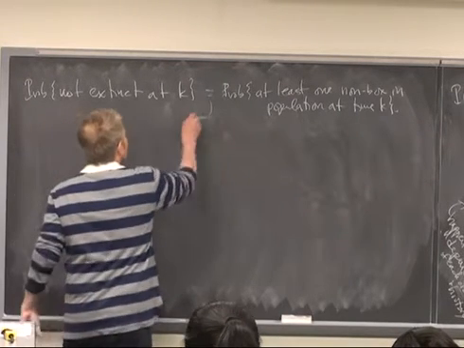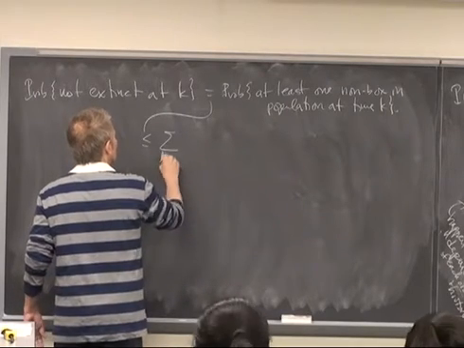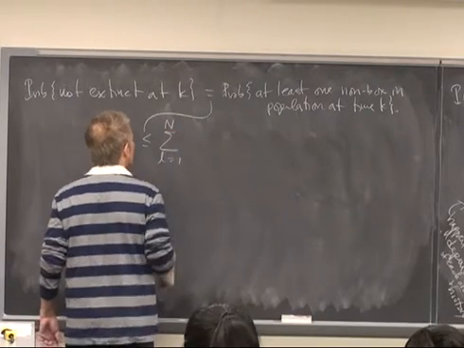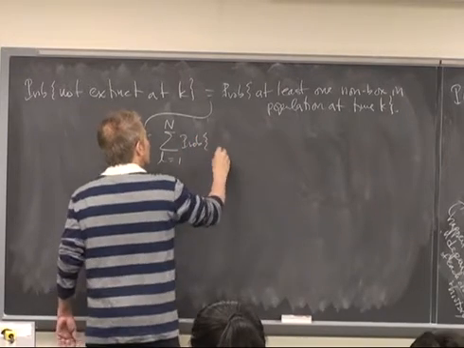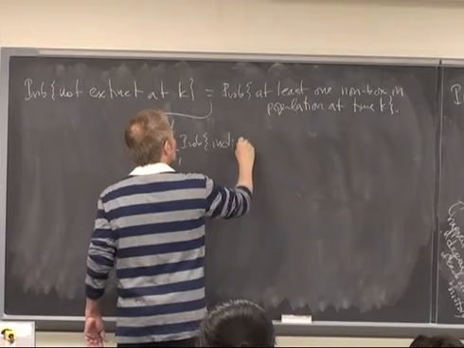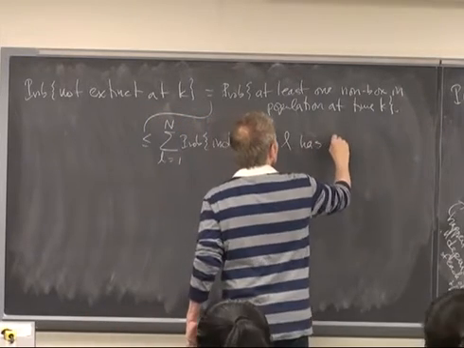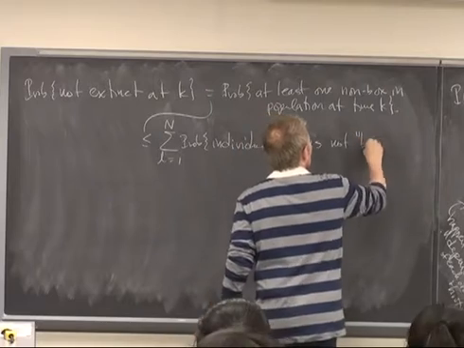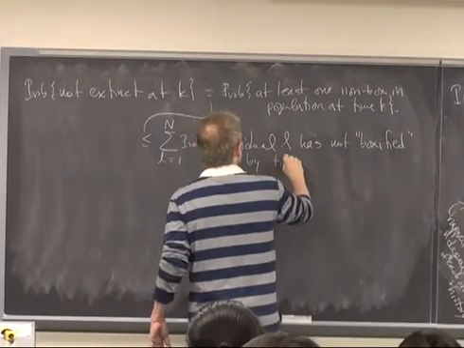Now, what is the probability that there's at least one non-box in the population at time k? Well, that's less than or equal to the sum from, say, L equals 1 to capital N of the probability that individual L has not boxified by time k.